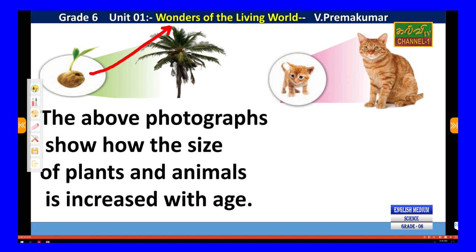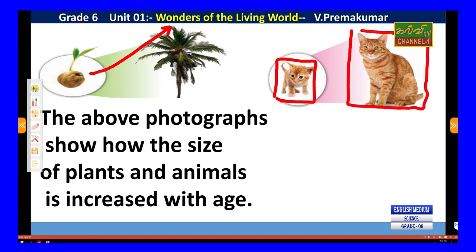And here the cat: a small young one, and this is the big one. What happened in this animal?